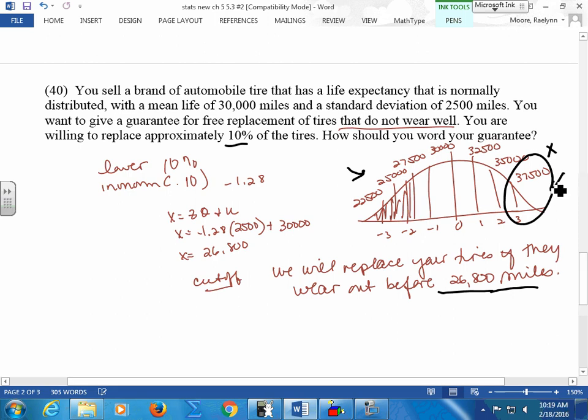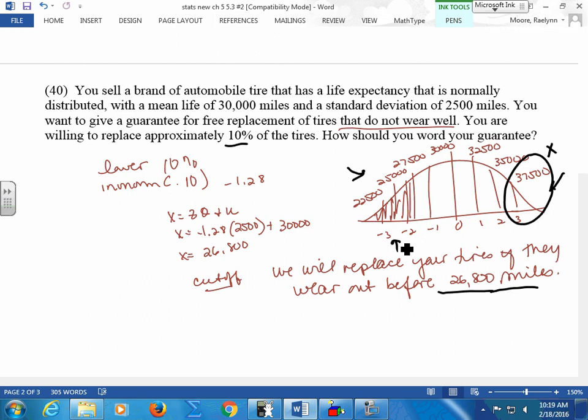I don't care about these guys up here. They did great. They're well above the mean. They're not going to come back and complain to me. It's these guys over here. You buy a tire that lasts 30,000 miles, and you come in and say, I only have 20,000 miles on my tires, and my tires went. Isn't that a concern? So when I'm selling this, I say, well, I expect them to be 30,000, but does every tire last 30,000?